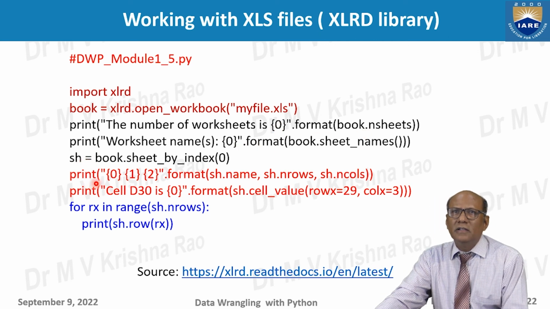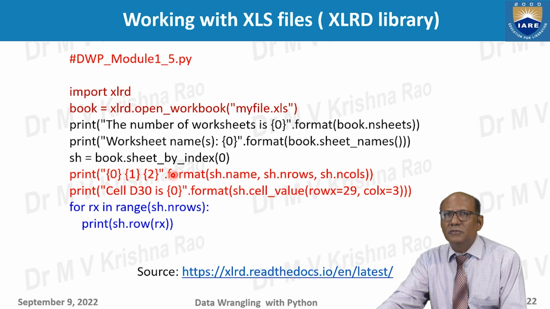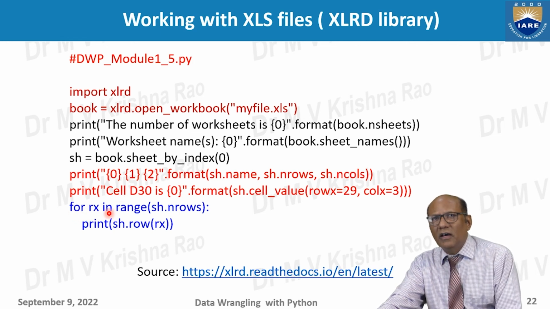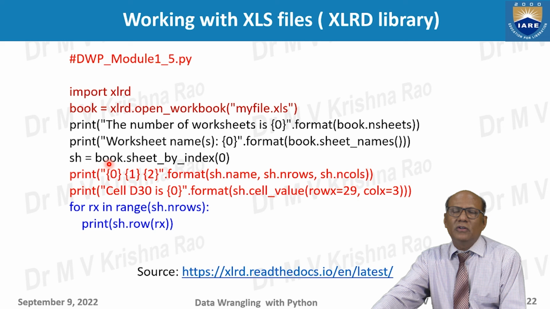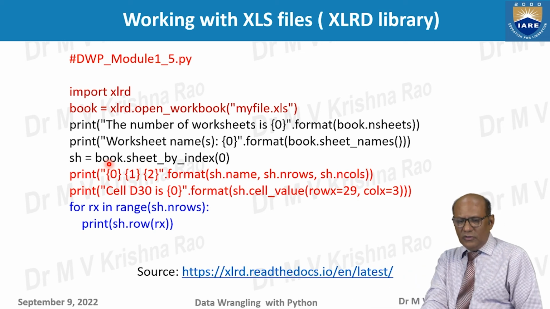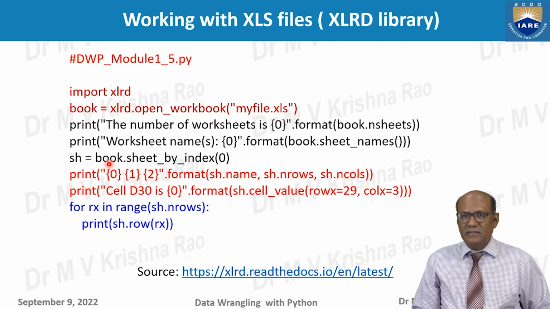And the same thing here. 3 items are there, 1, 2, 3. They are printed in this position. And this cell is there. Then a for loop is there, for rx in range, so the number of rows, sh.nrows, each row you are printing here. So there is a description. If somebody is interested, you can go and work with these files just out of curiosity.